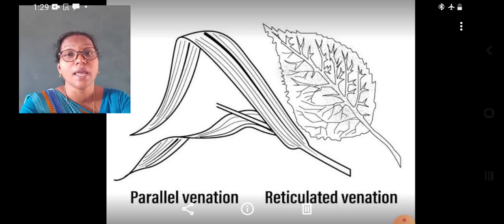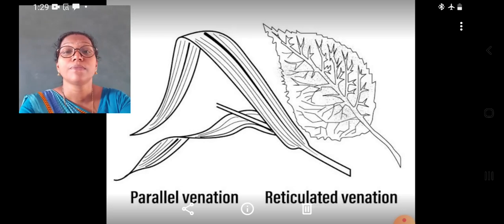They look like a network-like structure. Such a leaf is called a reticulate leaf, or the venation is reticulated venation. The reticulated venation is a characteristic of dicot plants. All dicot plants have a reticulate venation.